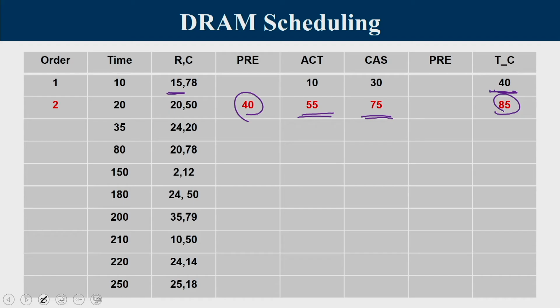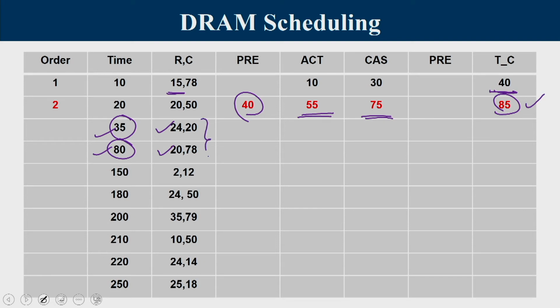At 85, these are the two elements that are already there in the scheduler queue. One is to row 24 and the other one is to row 20. Even though the request to row 20 and column 78 came late, at clock cycle 80, whereas the request to row 24 came at clock cycle 35, currently the time is 85.